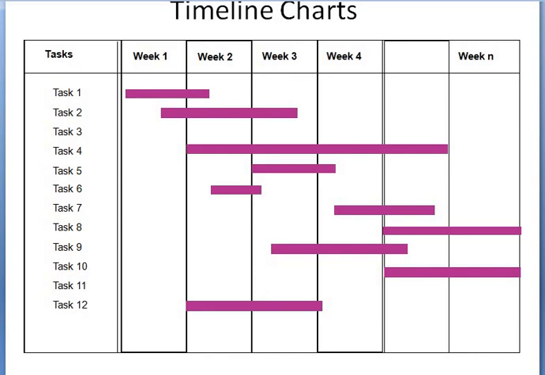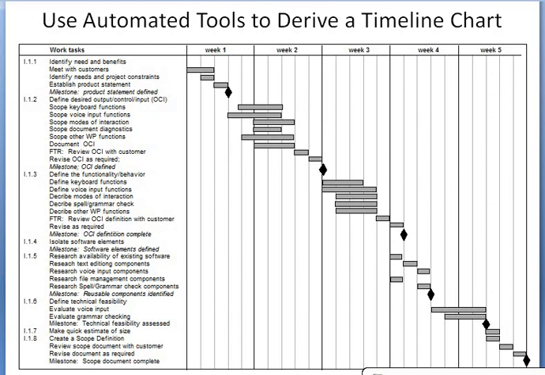We have one more example here. These automated tools can derive a timeline chart whenever we identify such tasks for the tool. Such a timeline chart can be generated automatically for these tasks.